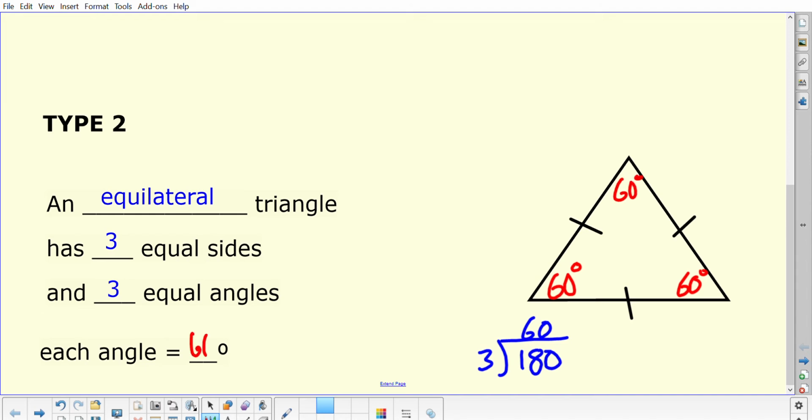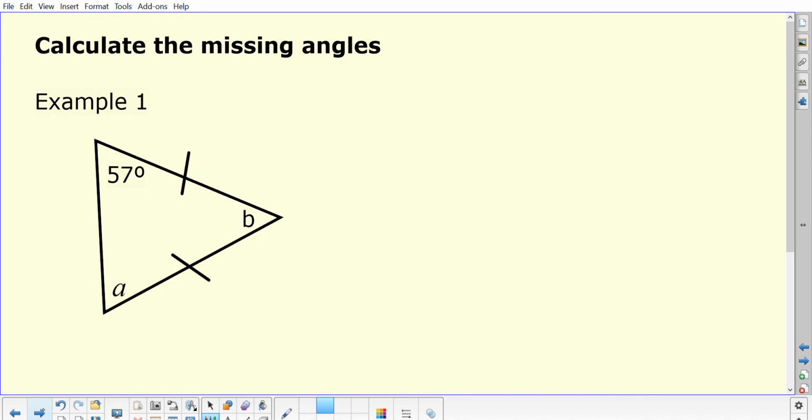So make a little note for yourself that each angle inside an equilateral triangle is 60 degrees. So let's look at some calculations.